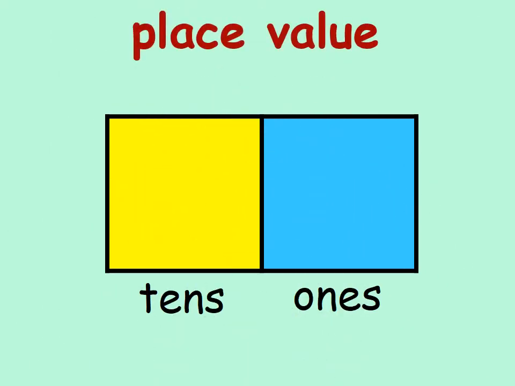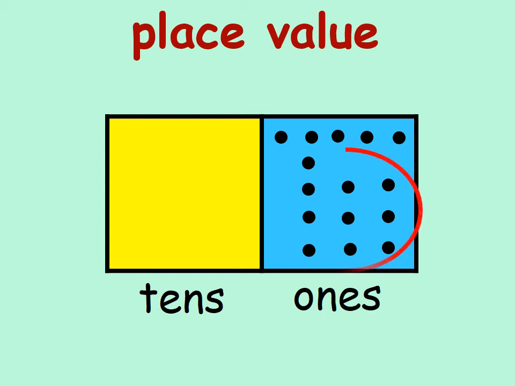Let's count the dots that come into the 1s. 1, 2, 3, 4, 5, 6, 7, 8, 9, 10, 11, 12, 13, 14, 15. Can we have 15 in the 1s? Nope, only 9's the most. Can we take a group of 10 out?